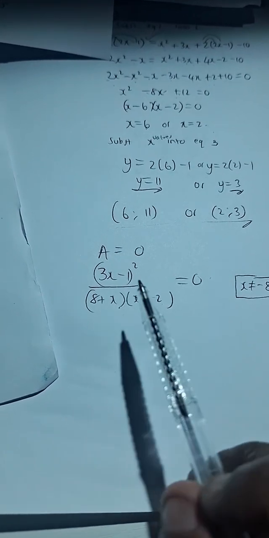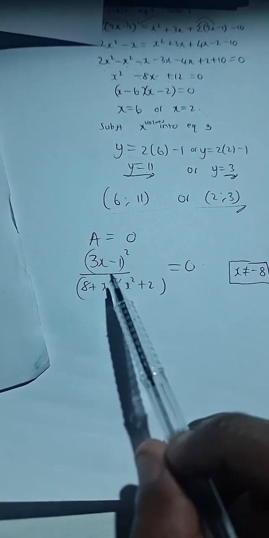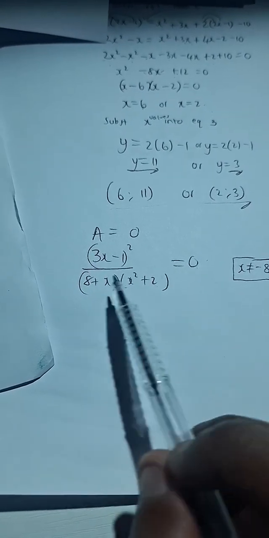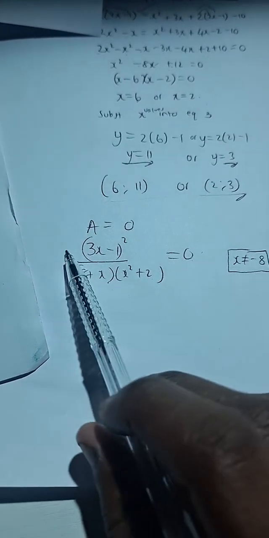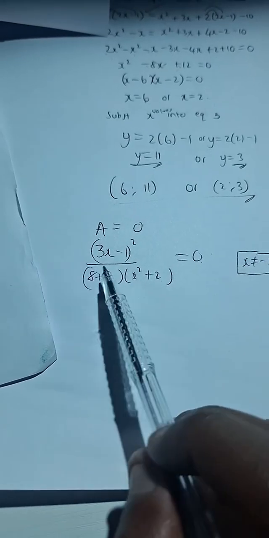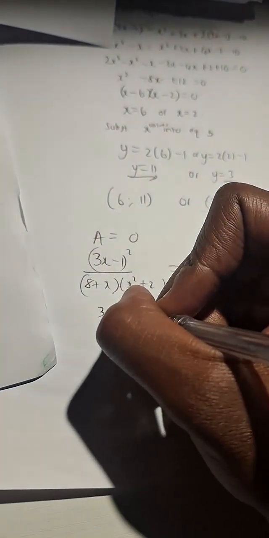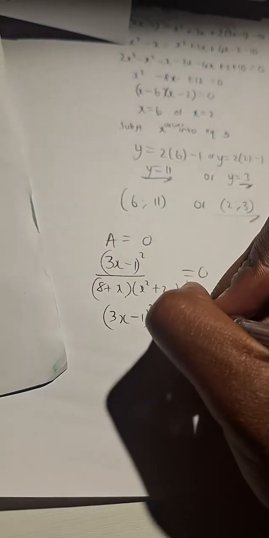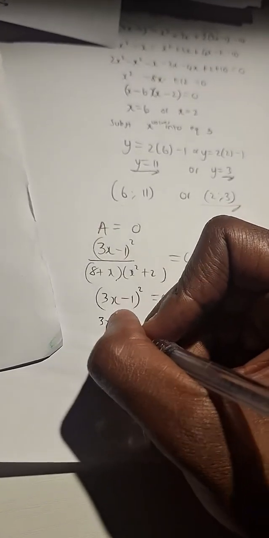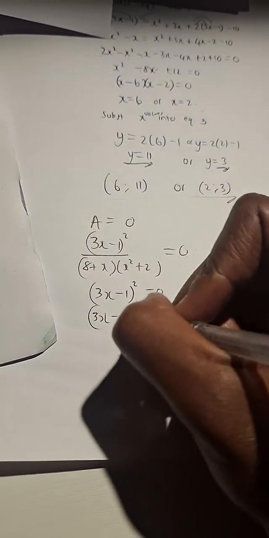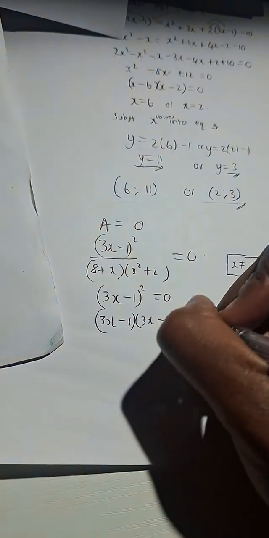We would write down the LCD, write down the restriction, then multiply both sides by the LCD. When that happens, the first fraction would be multiplied and that would cancel. So in essence, what we'd be left with would be 3x minus 1, the whole thing squared, is equal to 0. This is 3x minus 1 into 3x minus 1.